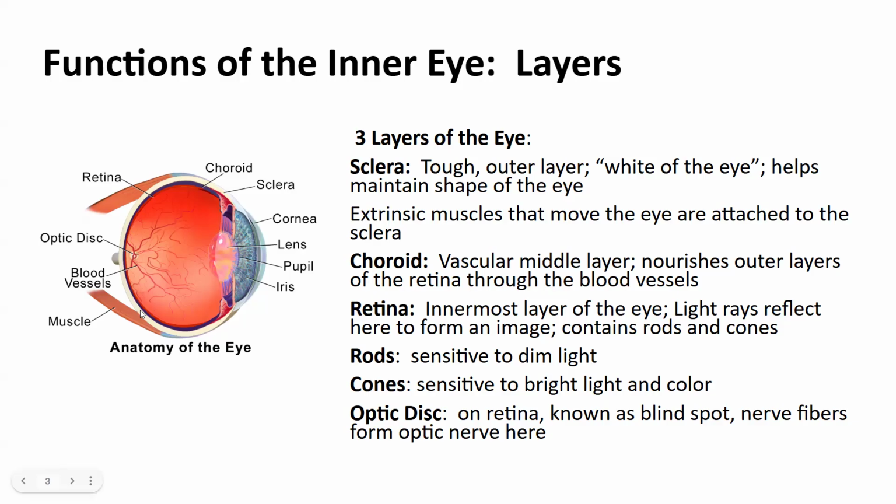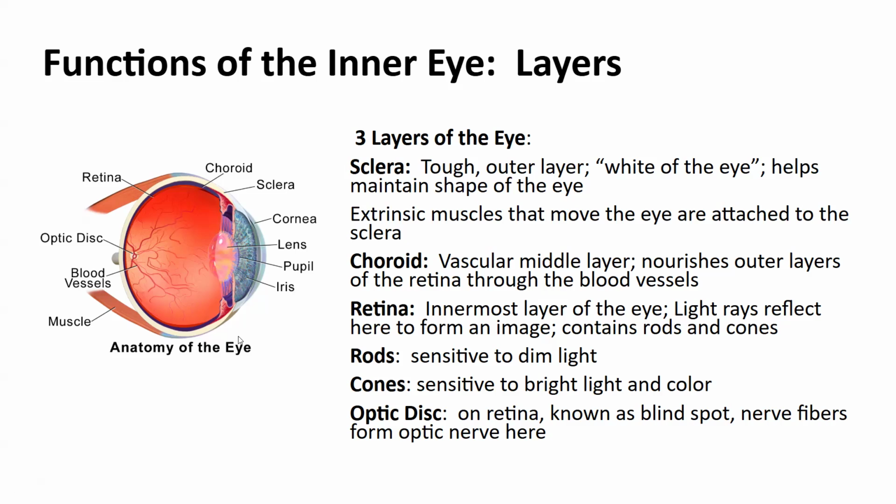Our rods are going to be sensitive to dim light. This is because those rods really detect those shades of gray, whereas cones are sensitive to bright light and color. So whenever you're driving at night, whenever you're squinting because the lights are shining right into your eyes, that's because those cones are being sensitive to that bright light.